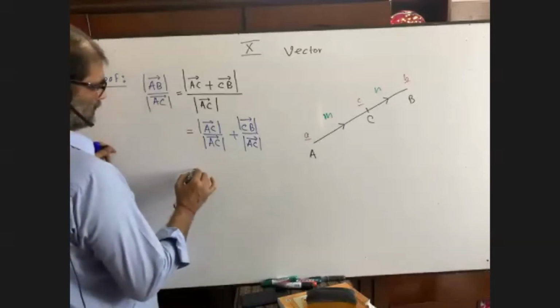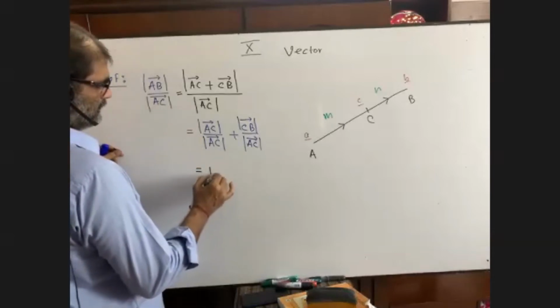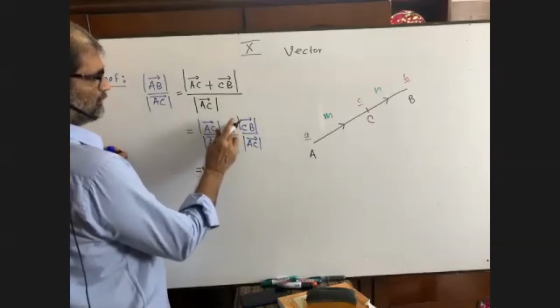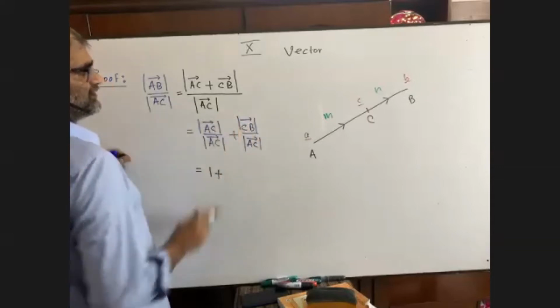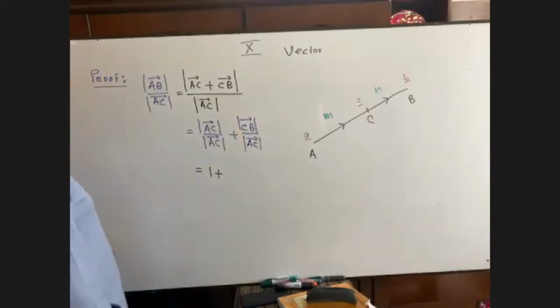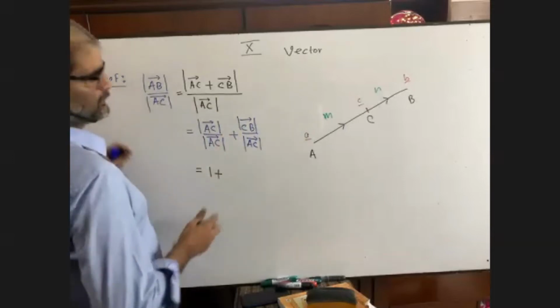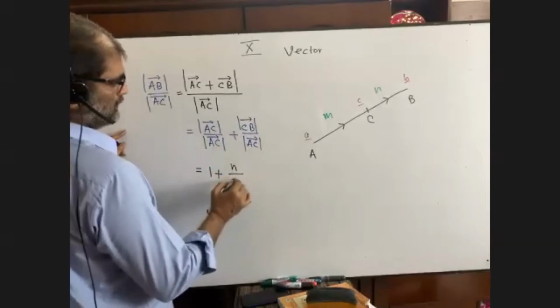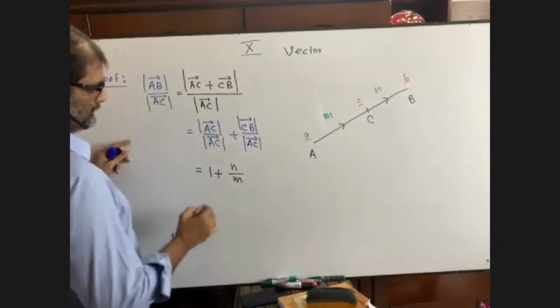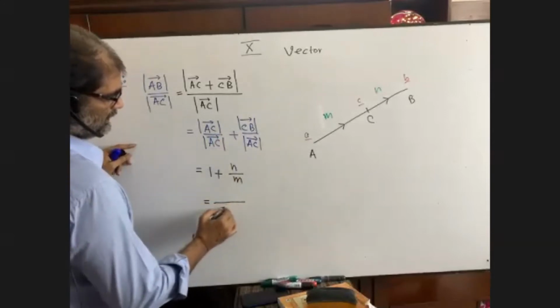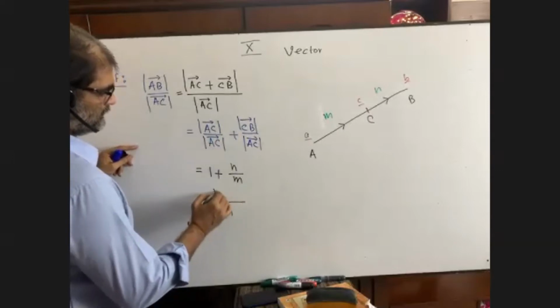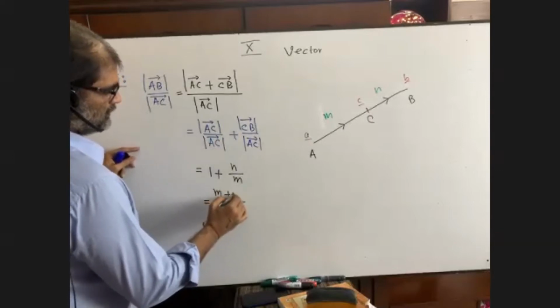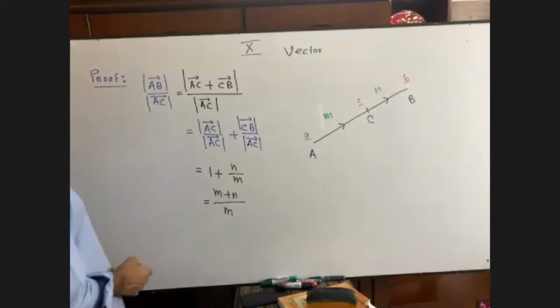It is equal to what? 1 plus CB by AC, this is the length, absolute value. So CB equals to what? N. AC equals to what? M. That means we can get M LCM, M plus N. Right?